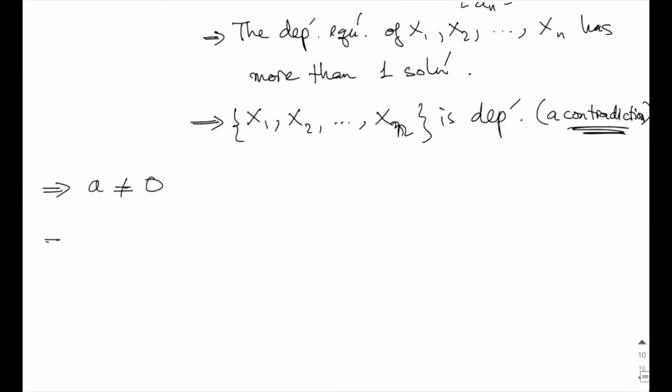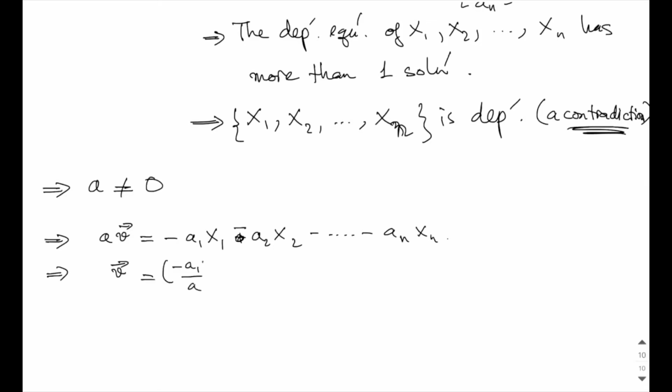And if A is non-zero, this implies that AV equals negative a1 x1, minus a2 x2, minus dot dot dot minus an xn. And so V will have to be a linear combination of x1, x2, xn.